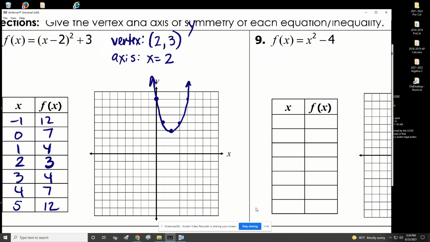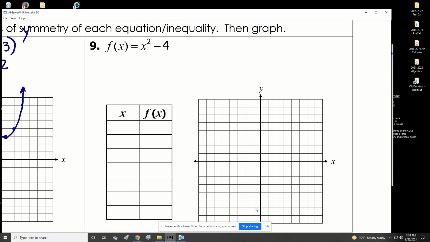All right, so we're going to do one more, number 9. We're going to look at it first and determine our vertex and our axis of symmetry. So it's kind of tricky to find the vertex.